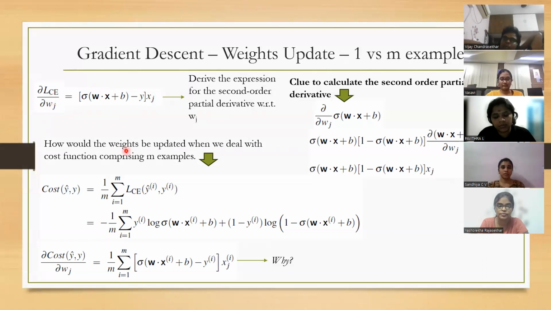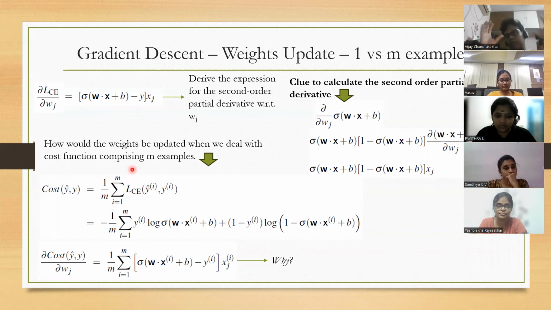Now, that was just one data point. Let's try to expand this to m data points. So let's say you have m data points, and here is the cost function. Earlier, we were looking at just one data point. Now we're looking at m data points. What are we doing here? It's simple.